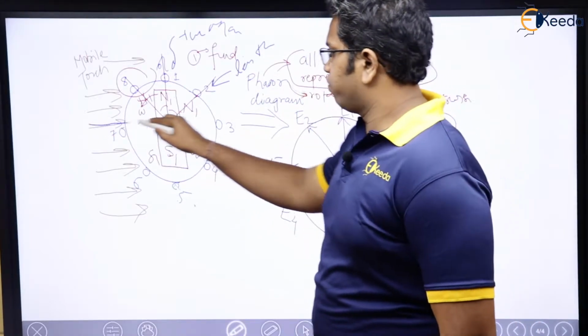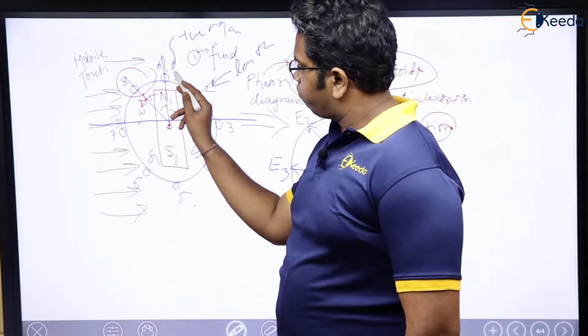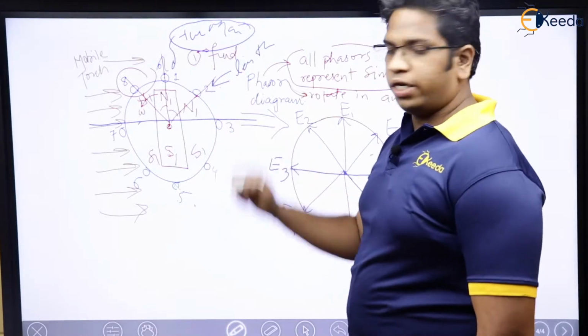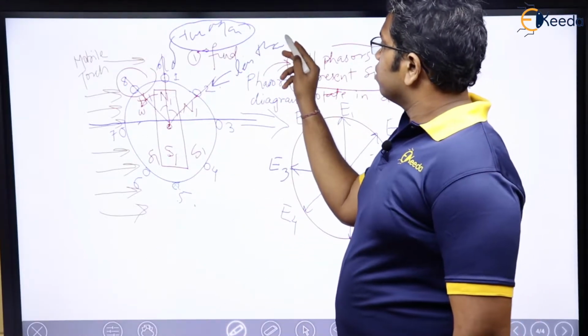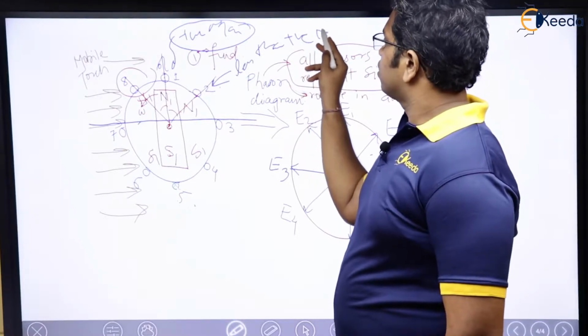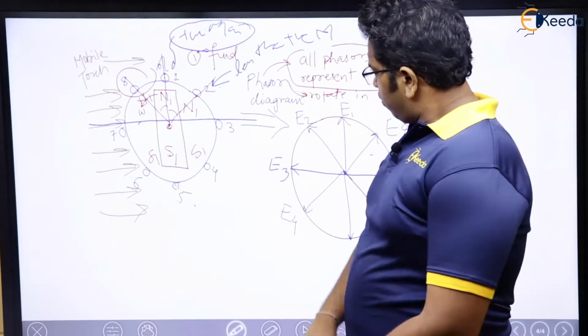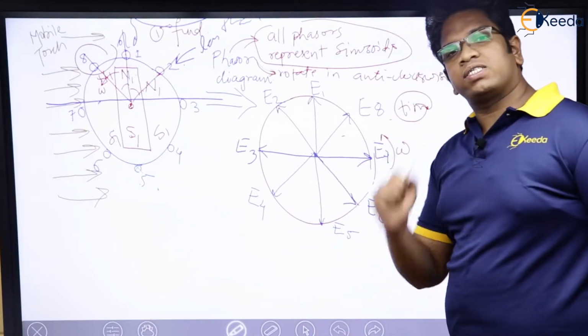Because it is under the influence of the same pole, right? So when the first conductor E1 was positive maximum, this E2 and E8 were what? Less than positive maximum or not? Less than positive maximum. So then why do you take all the lengths of the phasor same?